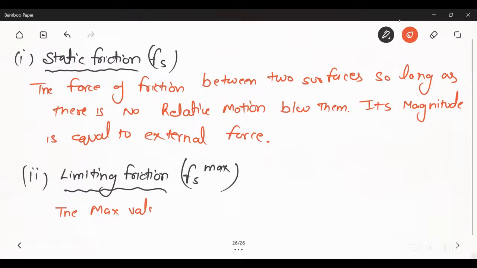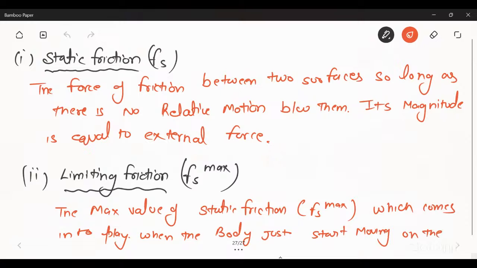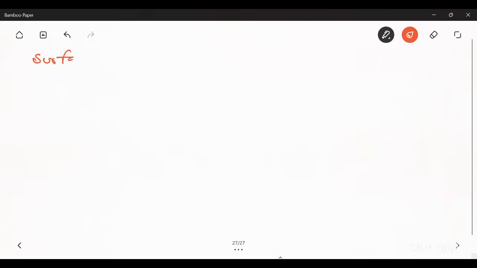The maximum value of static friction, Fs max, which comes into play when the body just starts moving on the surface of another body. It's called limiting friction. Okay.